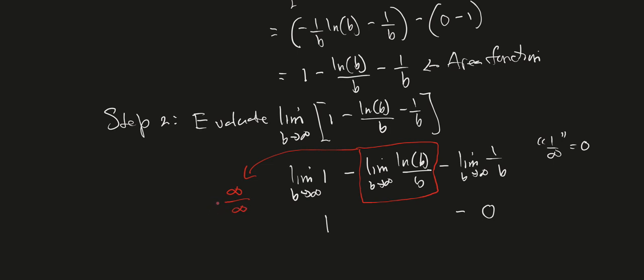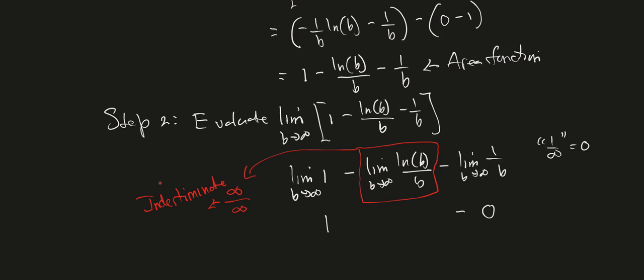So this is an indeterminate form. And there are lots of ways you can handle indeterminate forms. But one of the most effective and efficient ways to handle this is by using L'Hopital's rule, right? So we're going to use L'Hopital's rule to evaluate this limit in the middle.